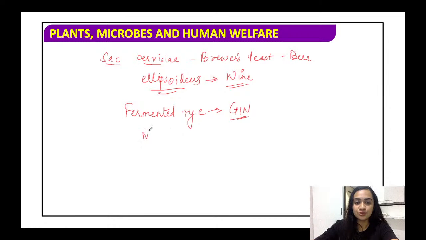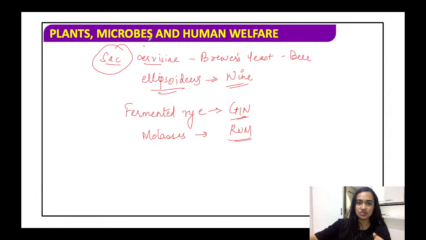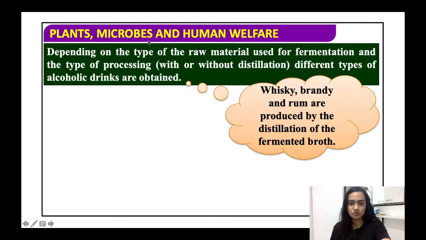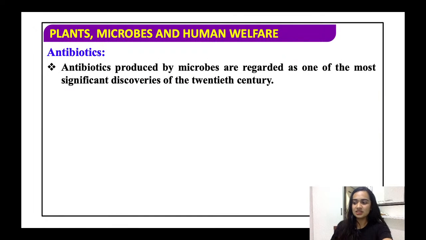Then if you have your molasses को ferment करके बनती है rum. ठीक है, so this can be asked in many of your advanced examinations like your AIIMS and all. So basic fermentation किससे, कौन से organism से क्या बनता है, basically कौन से species से क्या बनता है आपको याद होना चाहिए. But mainly your Saccharomyces species, that is your brewer's yeast, is only used.